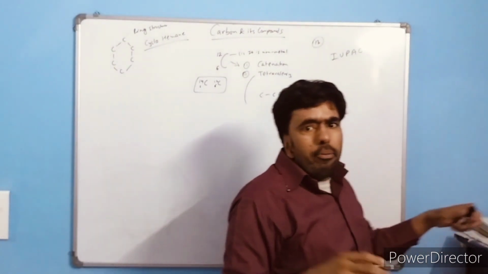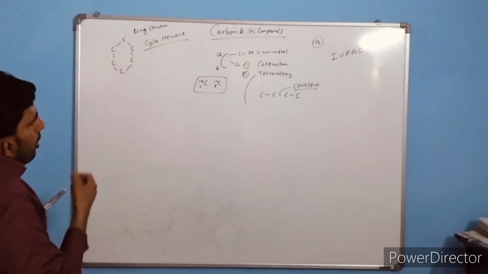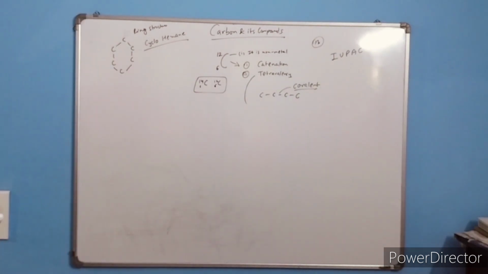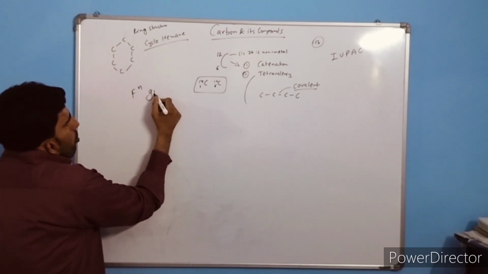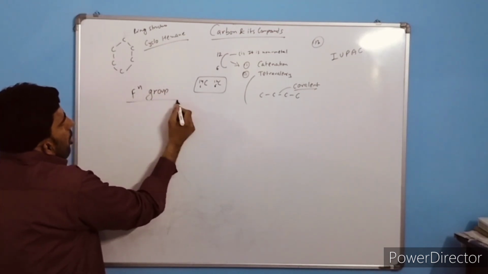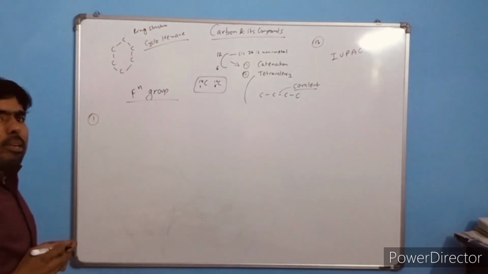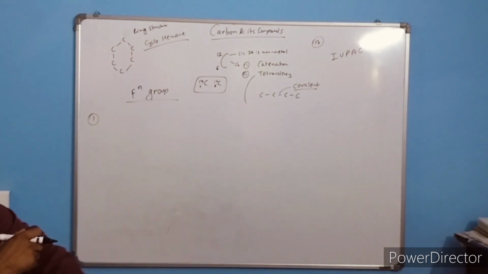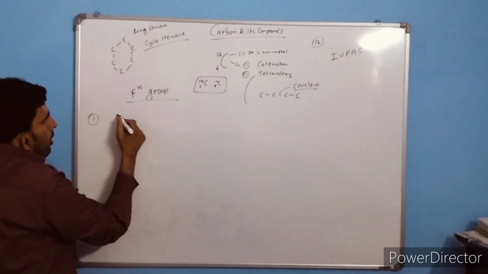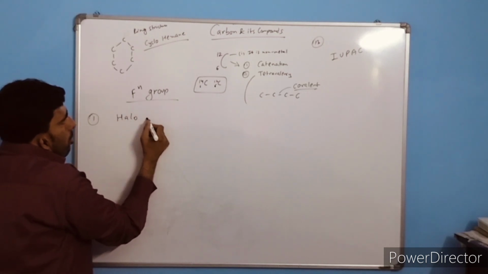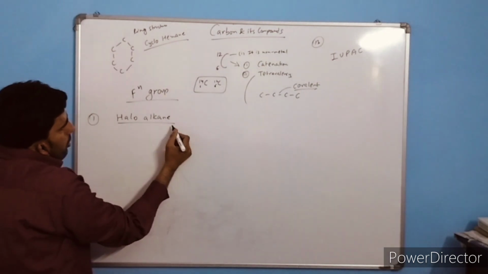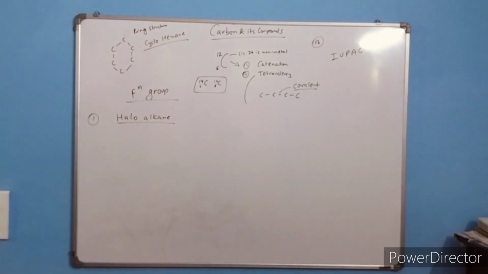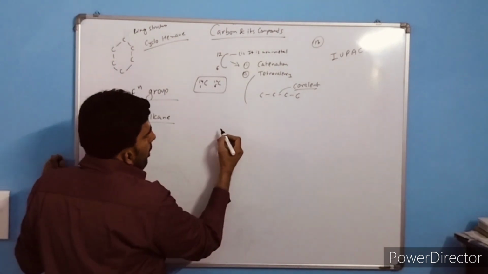So now what is given about functional group first one, and I will show you how their naming will be changed. So first one is haloalkane. First one is about haloalkane. So how will the naming change?